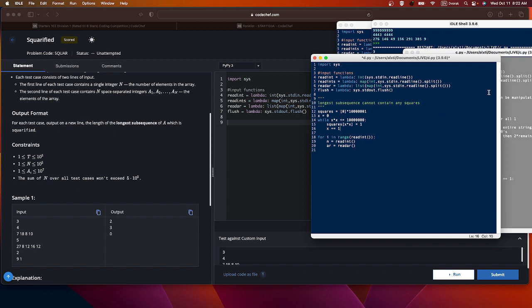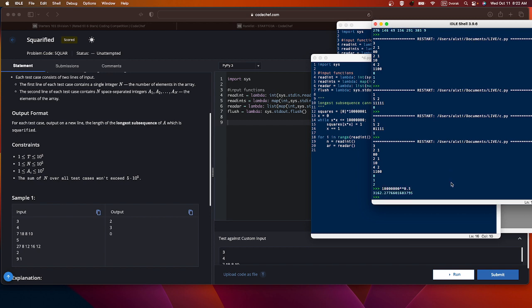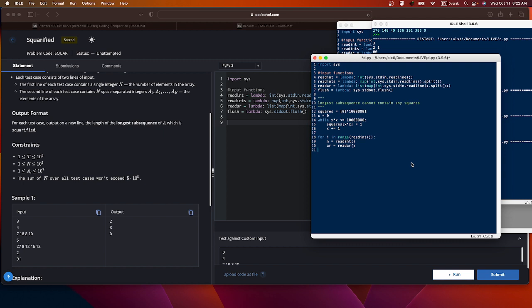Square root of 10 million is... Yeah, so we only run this 3,000 times. Okay, so we have to immediately disregard anything that is 2 times 2 times 2.